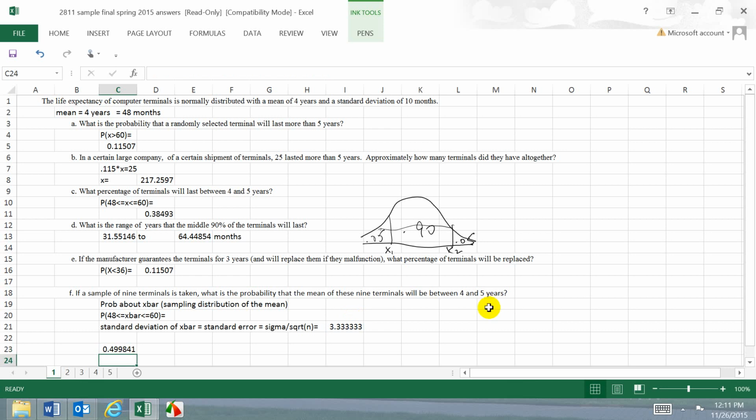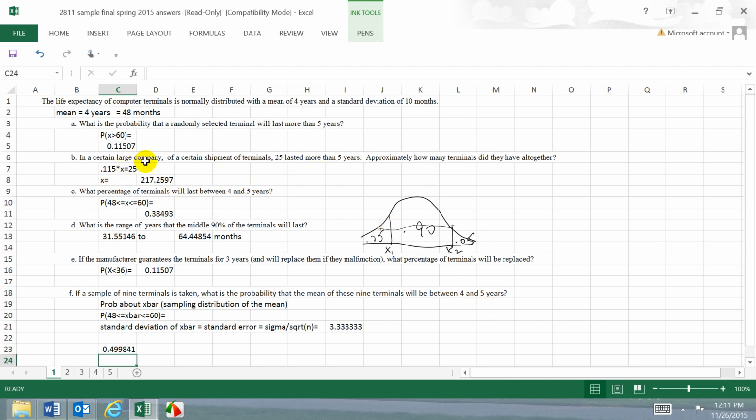So we're recognizing that the probability that you're between 4 years and 5 years is much larger if you're talking about taking the mean of a sample of size 9 as compared to a single item.